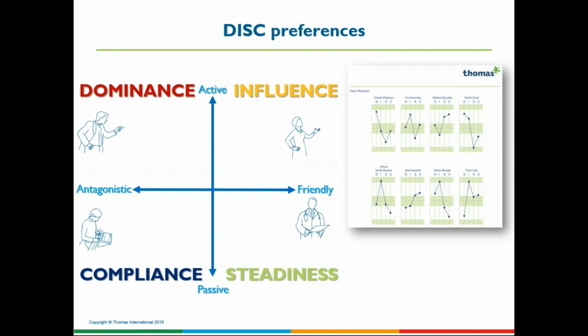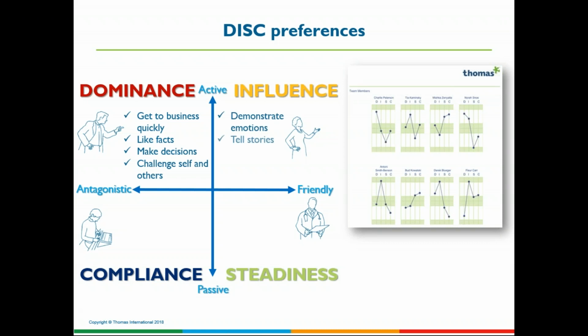Let's take a look then at DISC preferences so that we can use these to help disseminate why we're having challenges. Here we can see for each profile what their preference in behavior is in the workplace. So for Ds, they like to get to business quickly, they like the facts, they like to make decisions, they like to challenge self and others.